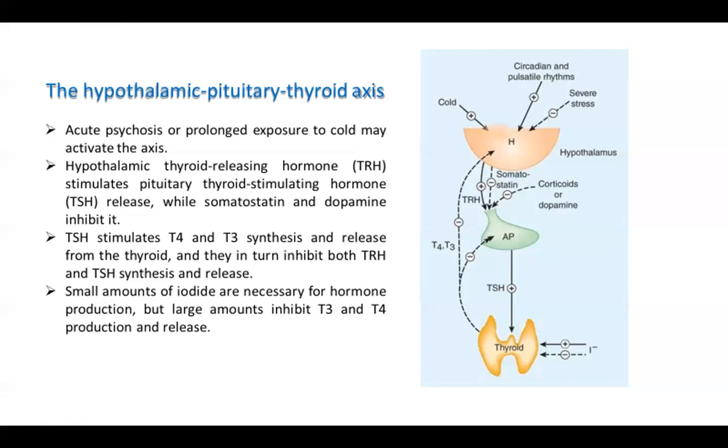Because in certain cases we treat hyperthyroidism by giving potassium iodide, since we're giving high amounts. It's not popular, but it's used in certain cases. So you got the difference: small amounts are necessary to produce T4 and T3, but large amounts lead to inhibition of the release of hormones.